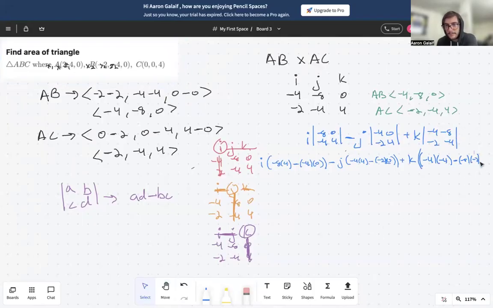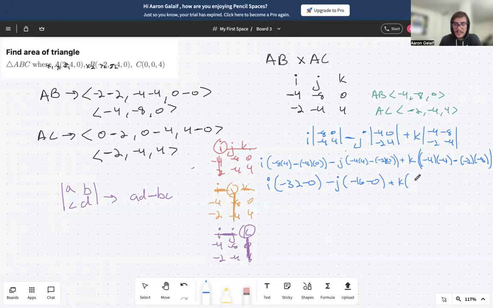Let's clean that up. Now we're going to clean everything up. i times -32 minus 0, minus j times -16 minus 0, plus k, which is going to be 16 minus 16. Clean up some more: -32i plus 16j plus 0k.